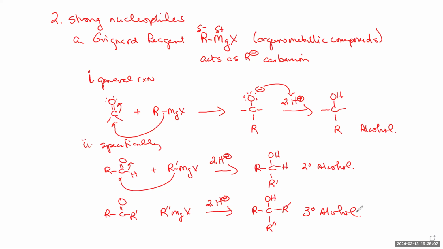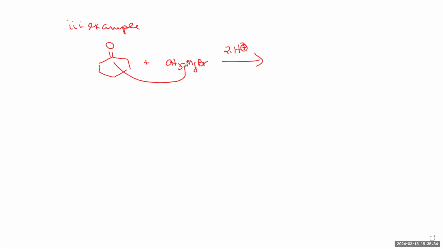And so if you want an example with actual structures, if we were to take something like cyclohexanone and react it with methyl magnesium bromide and add a second step of acid, what would we get as a product? You can pause and predict your product, but these are going to attack.